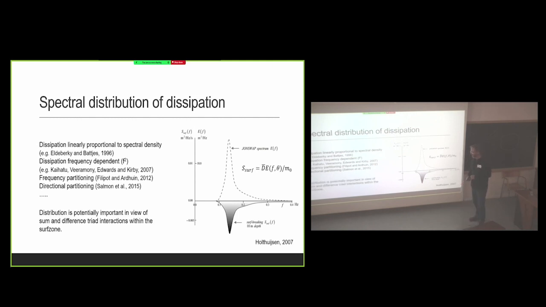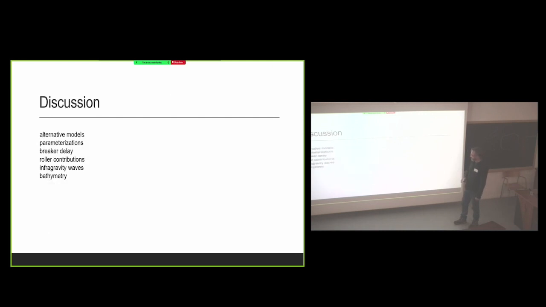Okay, so this distribution, of course, because we talked about triads a little bit, mostly about quadruplets, but also triads. Depending on the triad interactions, how you formulate your dissipation in frequency and directional space is going to affect your spectral evolution.